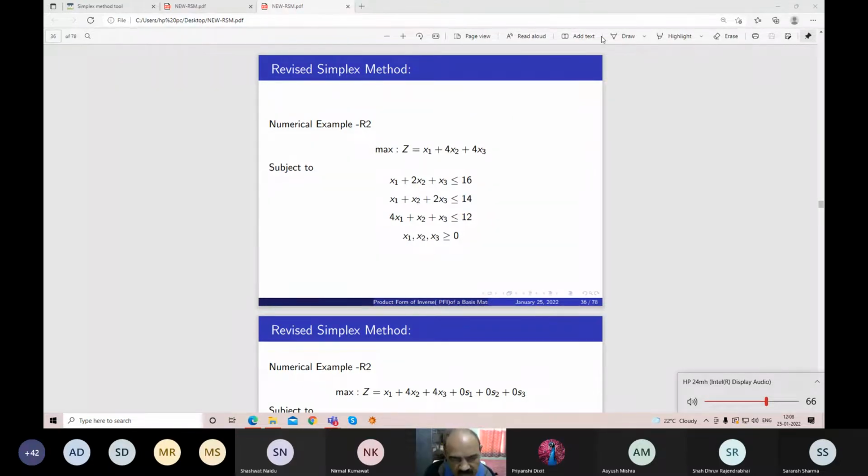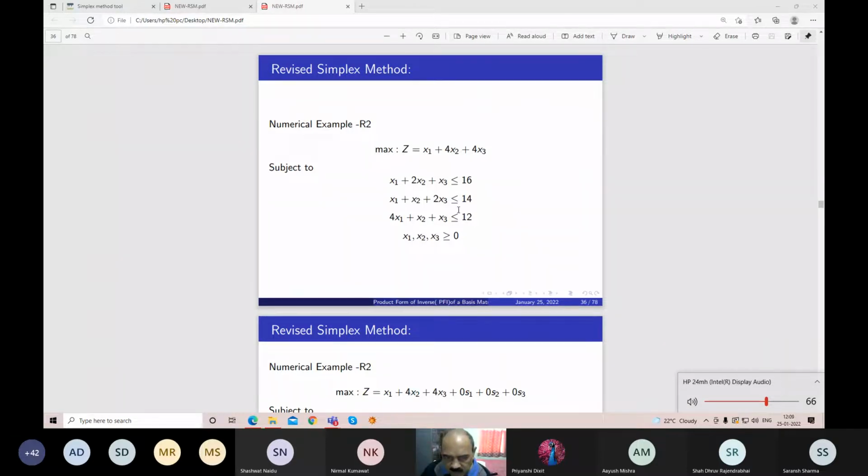If somebody says X4, X5, X6 instead, no problem, but you have to mention that they are slack variables. Presently I am saying S1, S2, S3 are the slack variables.